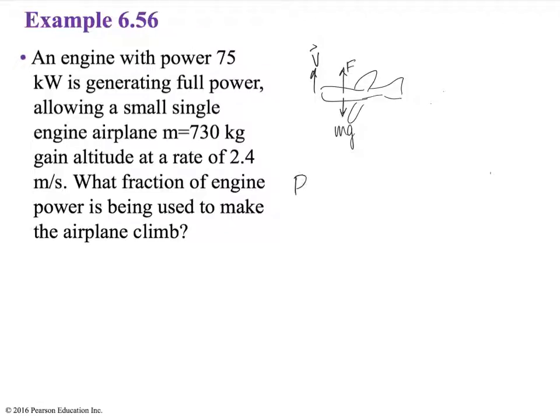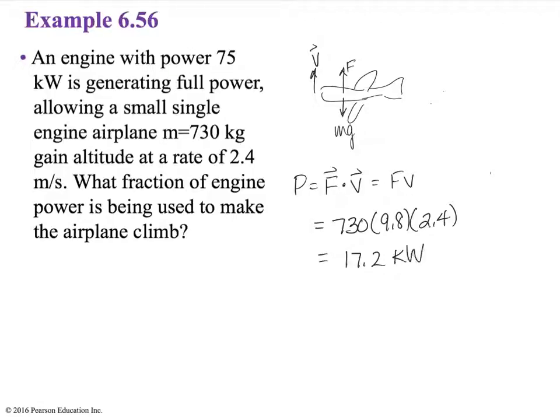So here's an example where we're finding power as F dot V, which is just going to be FV in this case. The force that we have to apply to make the plane go up has to be equal to its weight. So that's 730 kilograms times 9.8. And then the rate that it's gaining altitude is also its velocity upward. So that's 2.4. And when I multiply these together, I get 7.2 kilowatts.